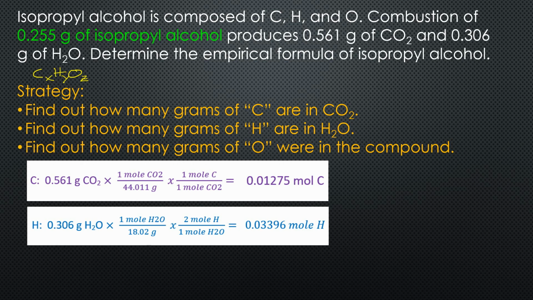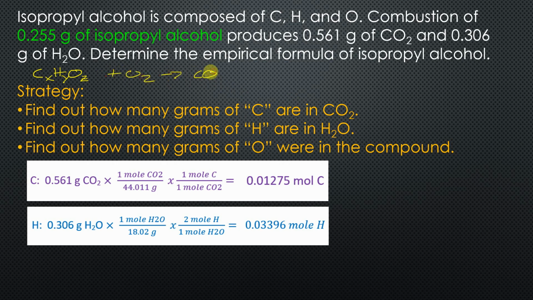Now this gets to oxygen, and oxygen is the trickiest part. People have this feeling that in some way they should be able to pull the oxygen amount out of the CO2 and the water, but I want to show you why you can't. And this is the most important thing to get in your notes, because oxygen, the last element, could be nitrogen, could be sulfur. The last element is the one that throws people off the most. Well, remember, we're doing a combustion reaction.